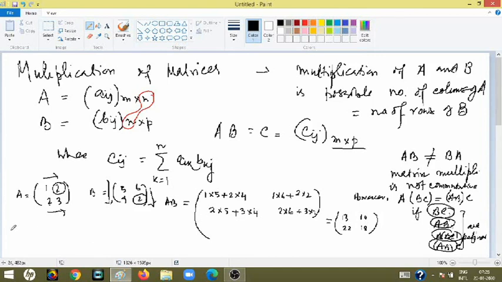Now let us see BA. BA equals B times A, and here we clearly see that AB is not equal to BA.